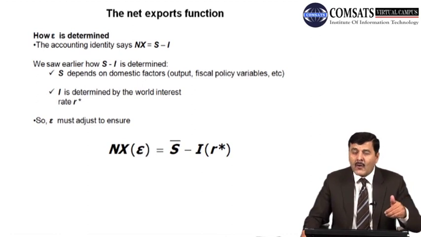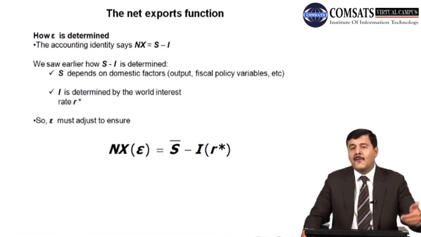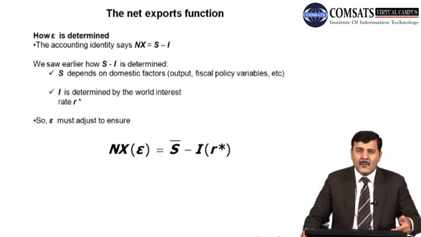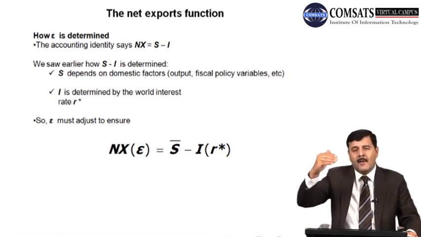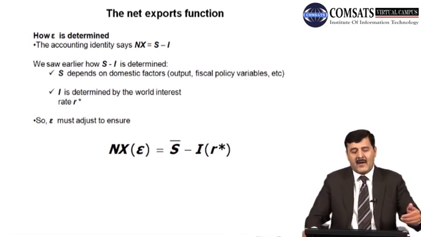So S depends on output as well as fiscal policy variable. I, as we said, which is investment, is determined by the world interest rate, which is R star. So R और investment का जो relationship है, which is negative. If the world interest rate goes up, investment goes down, and vice versa.